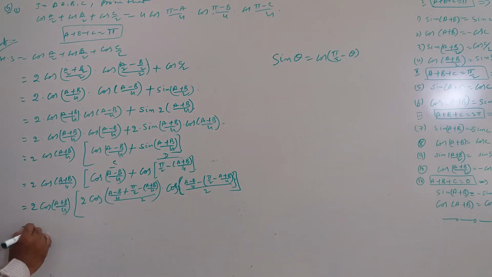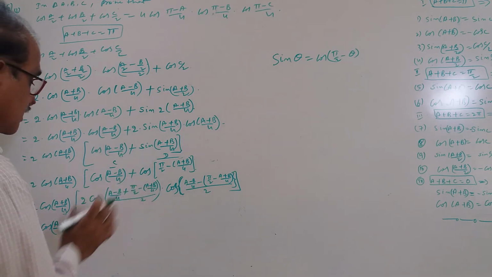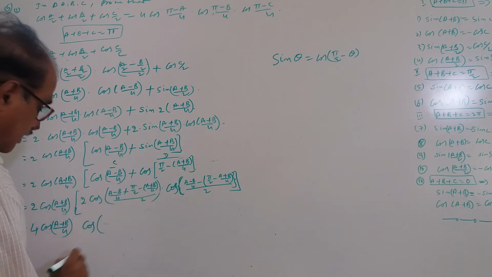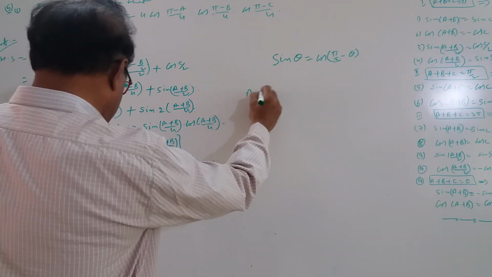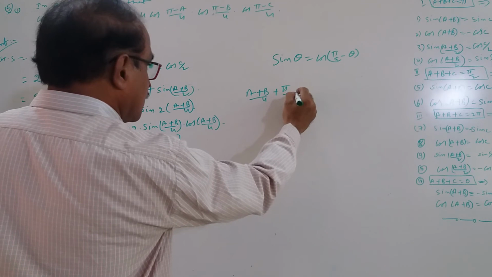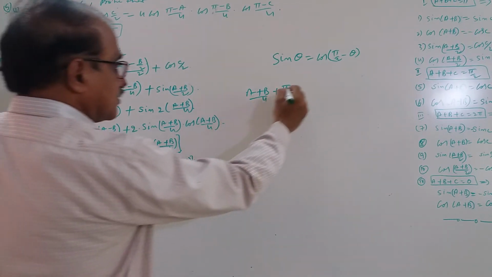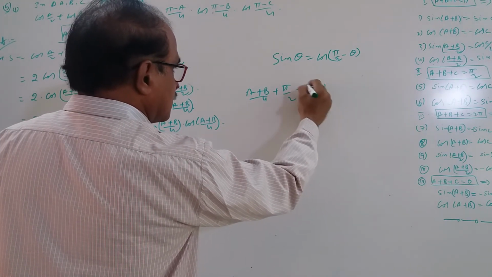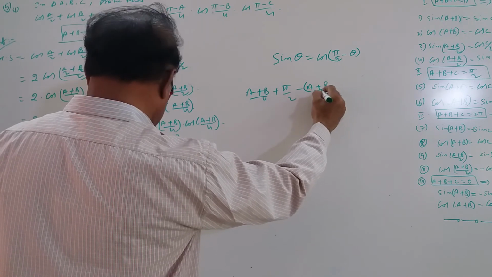So write cos (A plus B) by 4 into cos of, the simplification of this is (A minus B) by 4 plus pi by 2 minus of (A plus B) by 4.